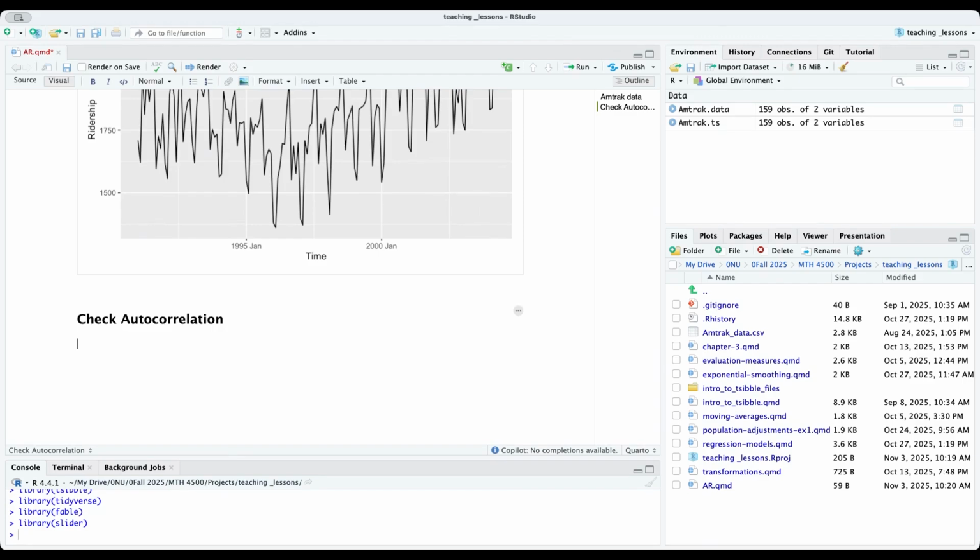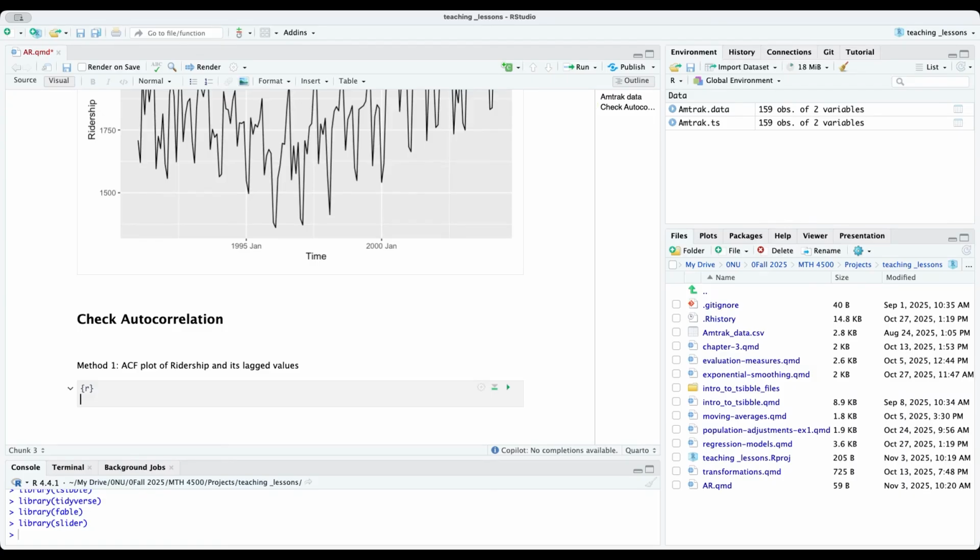So using one of these methods, we can look at whether we have a random walk or no. So let's do method 1, which is the ACF plot of ridership and its lagged values.